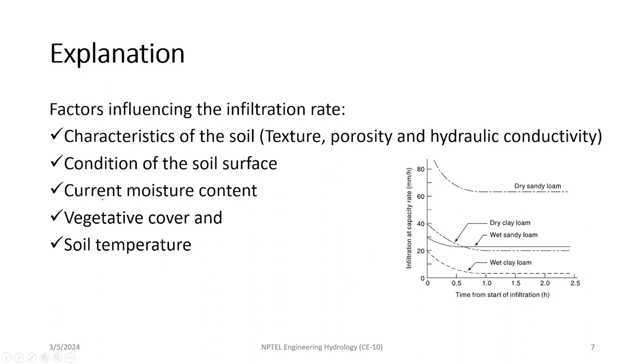Okay, so we can see the explanation now. Here are the factors which can influence the infiltration rate. The characteristics of the soil that I have just mentioned, the texture, will definitely have a crucial role. For this, I have added one picture. You can see that the infiltration capacity rate for dry sandy loam is much higher as compared to wet clay loam.